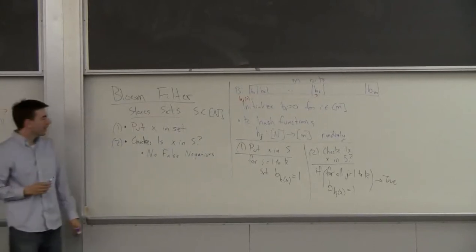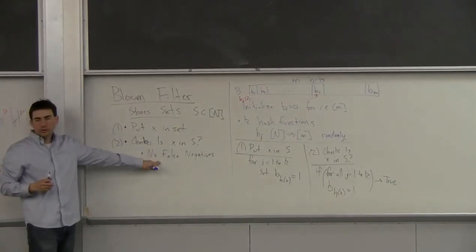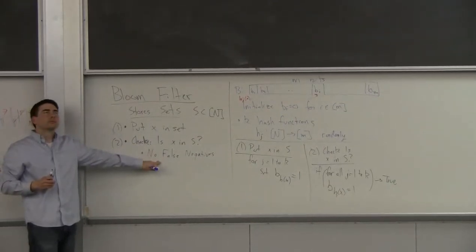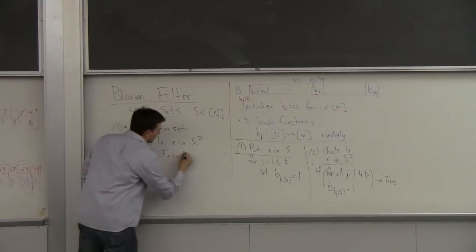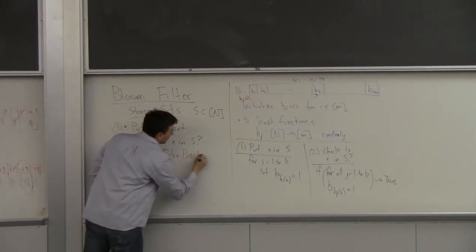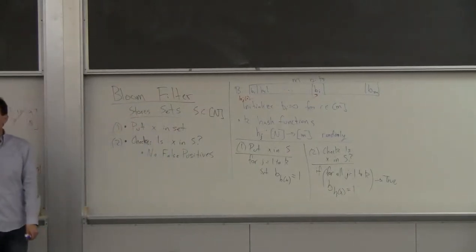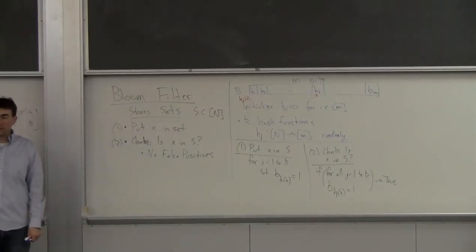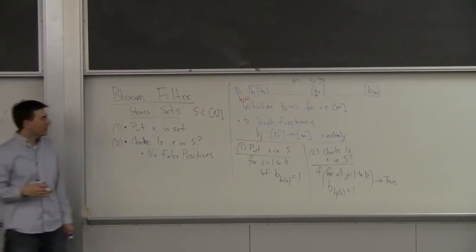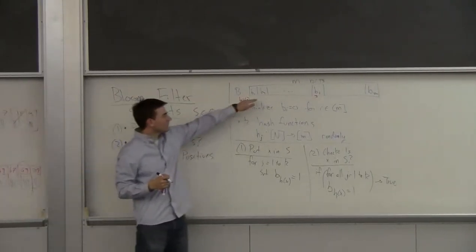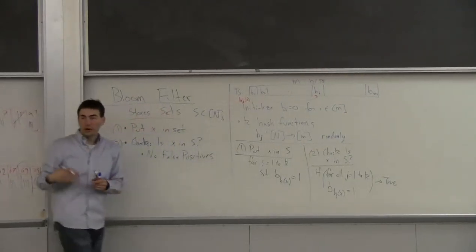So now there can be some false negatives. Sorry, this should be false positives. So there could be something that's not in the set, and I say that it's in the set. I can have a collision. It could be that something is not in there, but all of the associated bits are also set to 1.